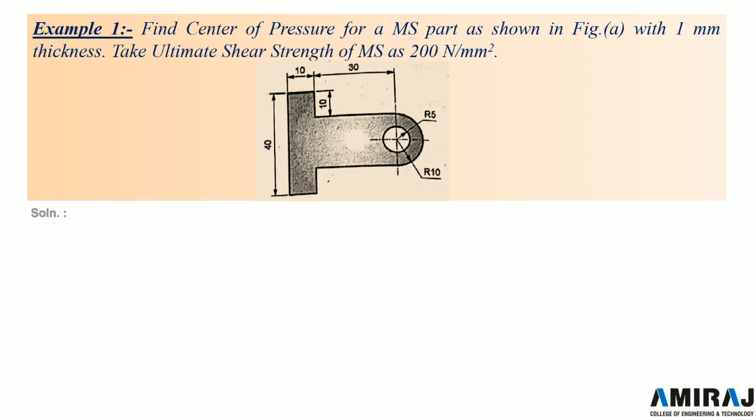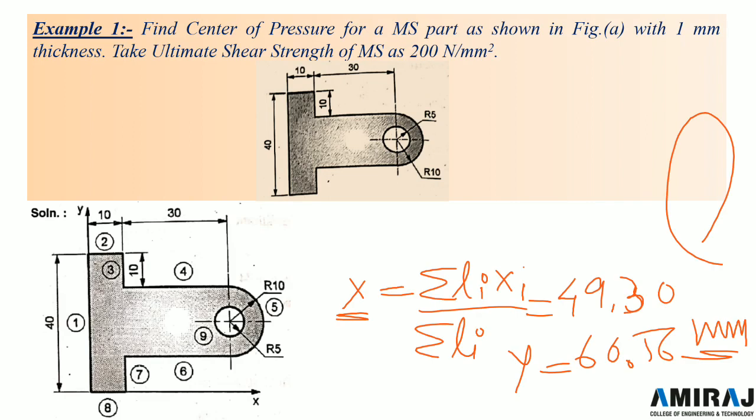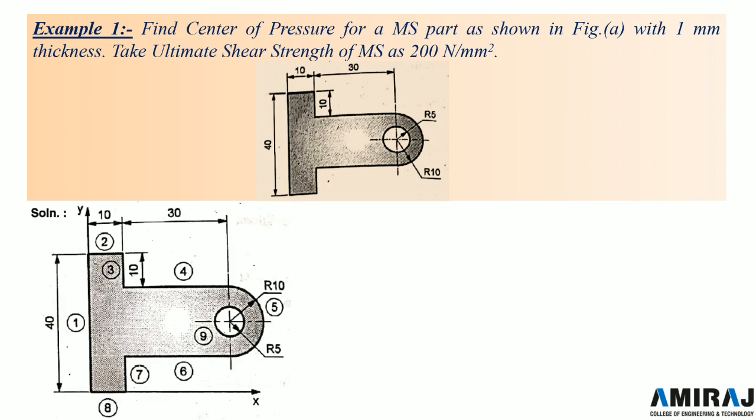First we will give the dimensions to all components and mention the first part. This is the first line, then the second, third, fourth, and this semicircle will be fifth, this line will be 6, this vertical line will be 7, horizontal line 8, and this circle will be 9.